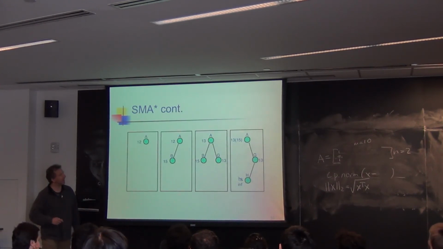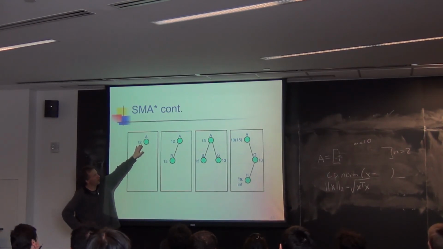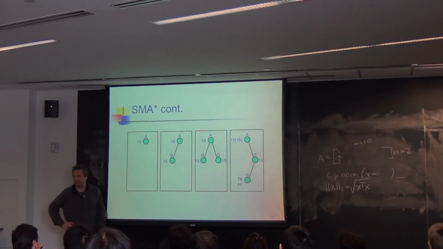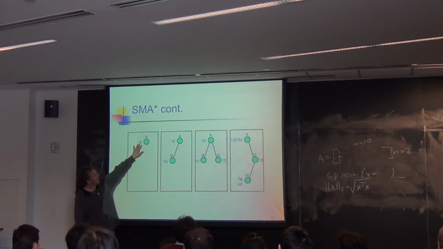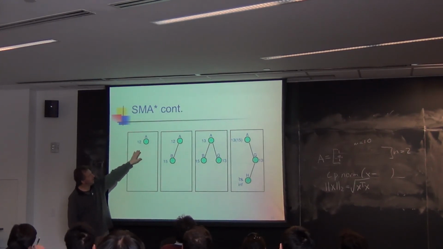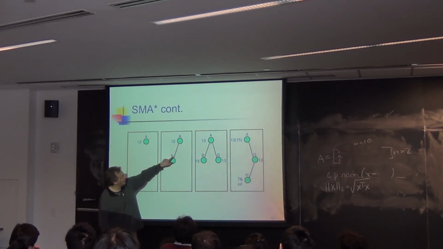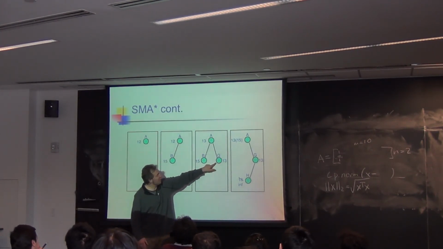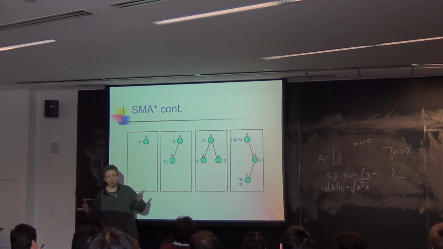Now let's take a look at how SMA star might be applied. In this particular instantiation, we're assuming that we have enough memory for 3 nodes. So it starts off with 12. We're expanding A. Remember, we have B and G as the children of that. And notice now we have no more memory for any nodes, so we have to do something to recover that.